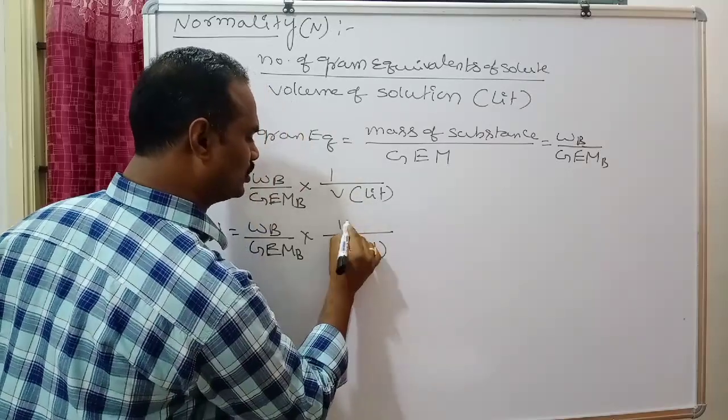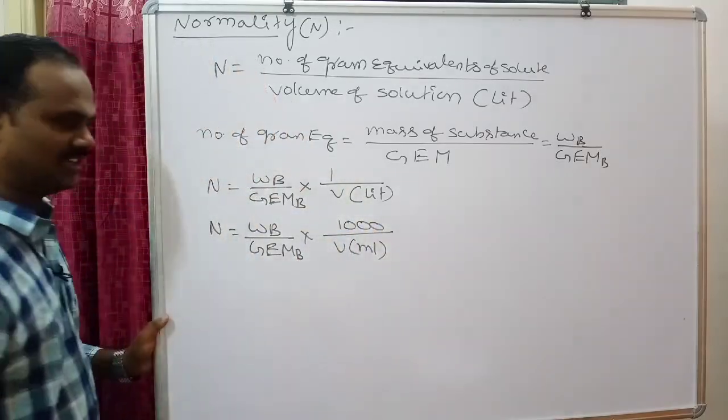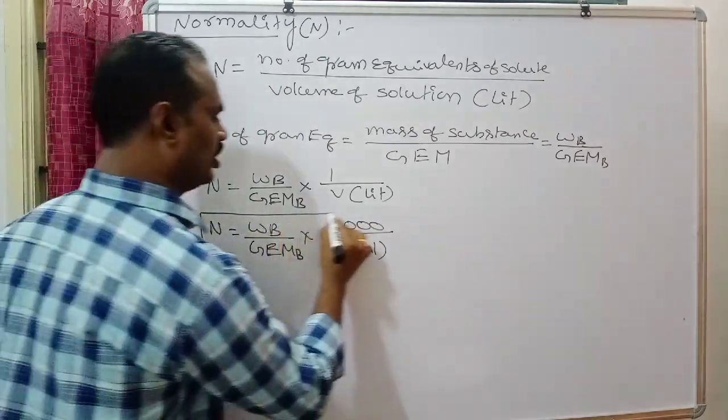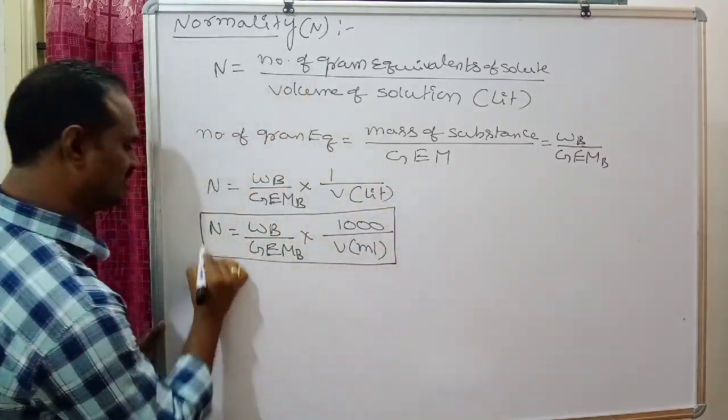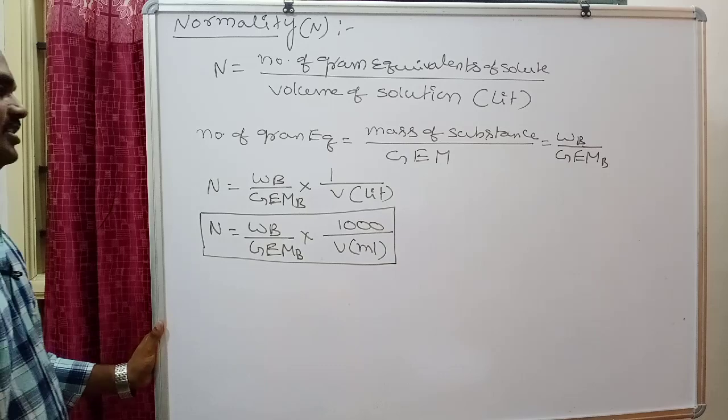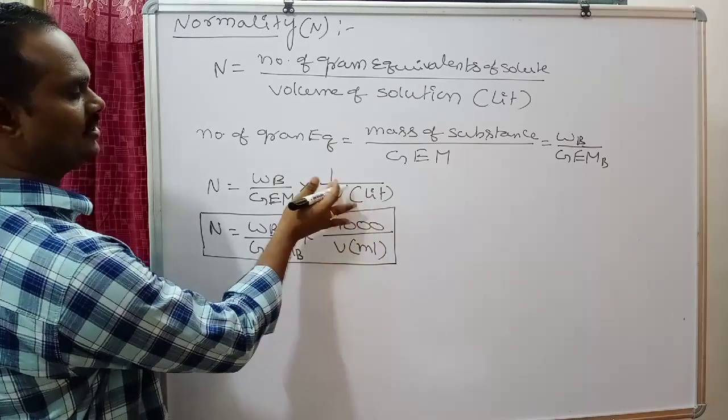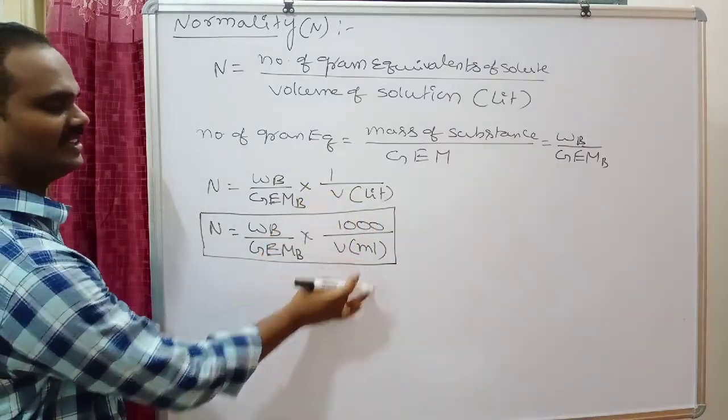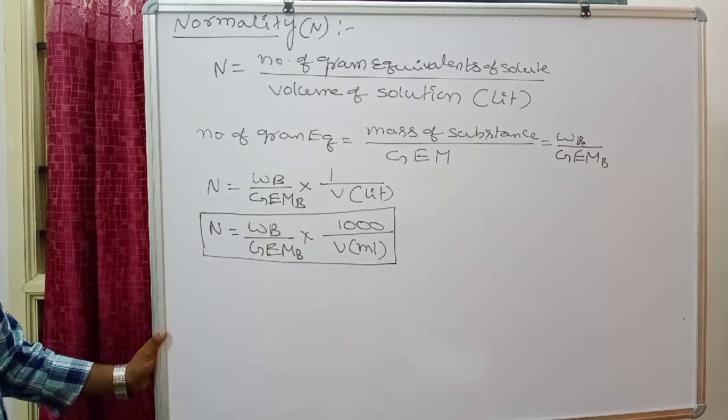It comes to 1 into 1000, it becomes 1000. This is the normality basic equation. Suppose volume is given in liters, utilize this formula. If milliliter is given, utilize this one.